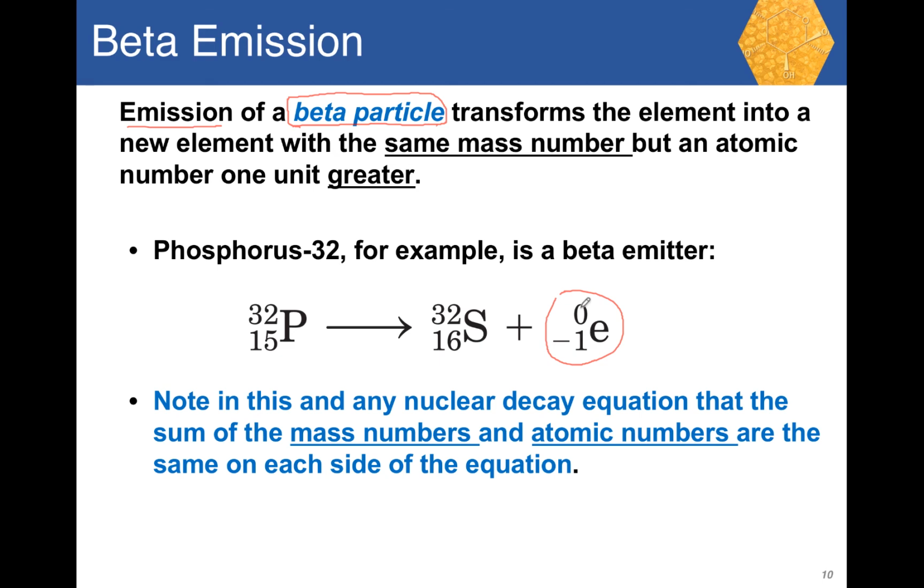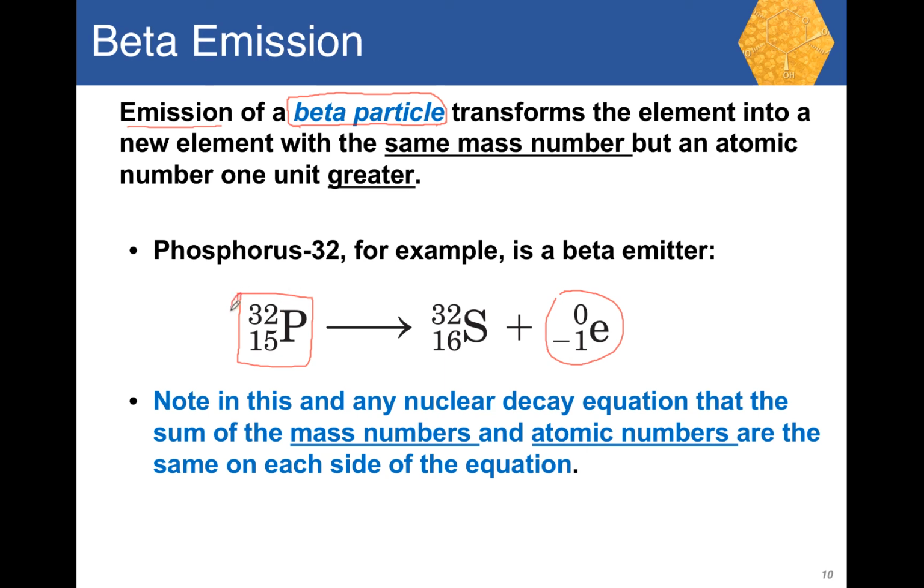That's the symbol used for the beta particle or the electron. Let's look at a reaction. Here we have an isotope of phosphorus, where 15 is the atomic number and 32 is the mass number.